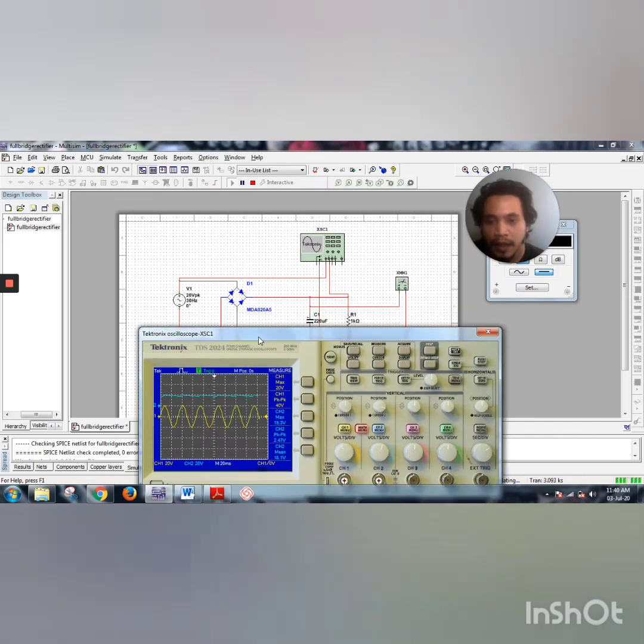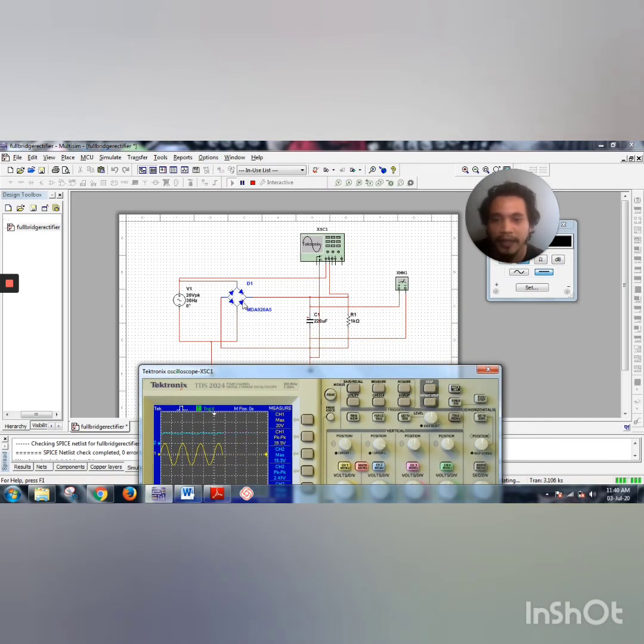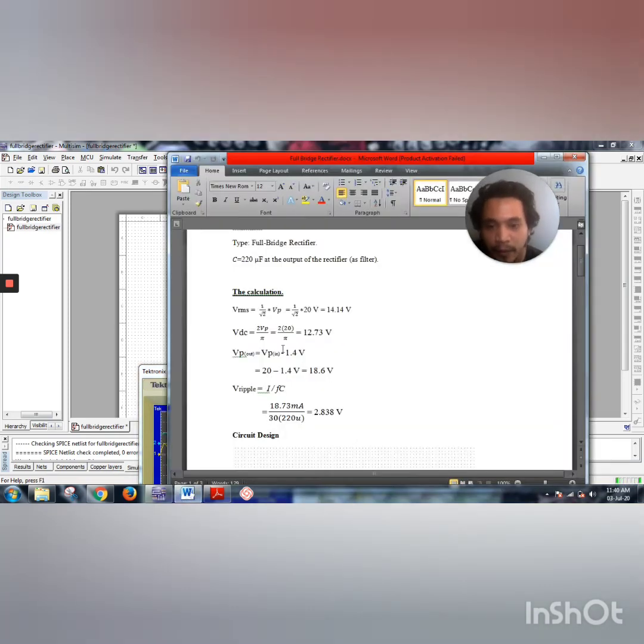Because each time it goes through D1 and D2, there's a 0.7 volt loss. The same goes with D4 and D3. So that's why we take the V peak in, and we minus 1.4.